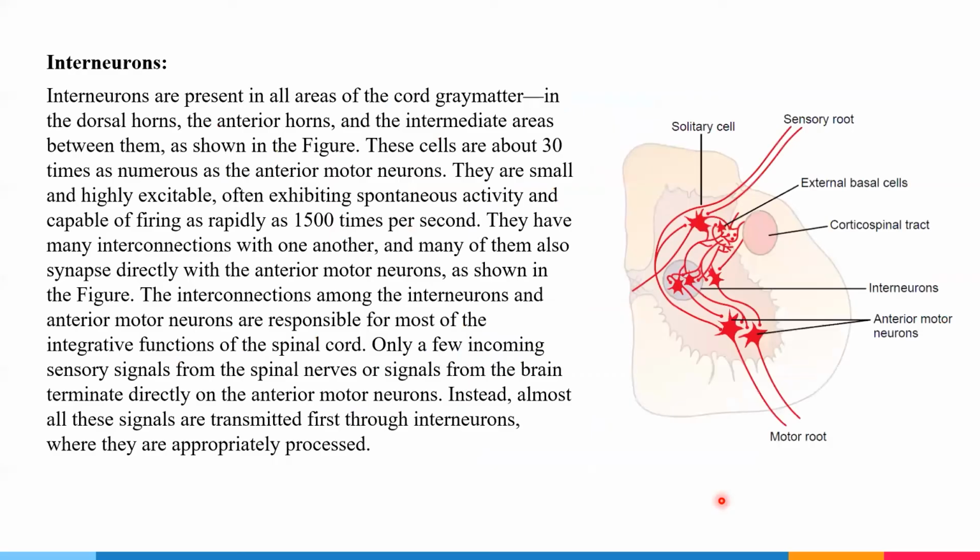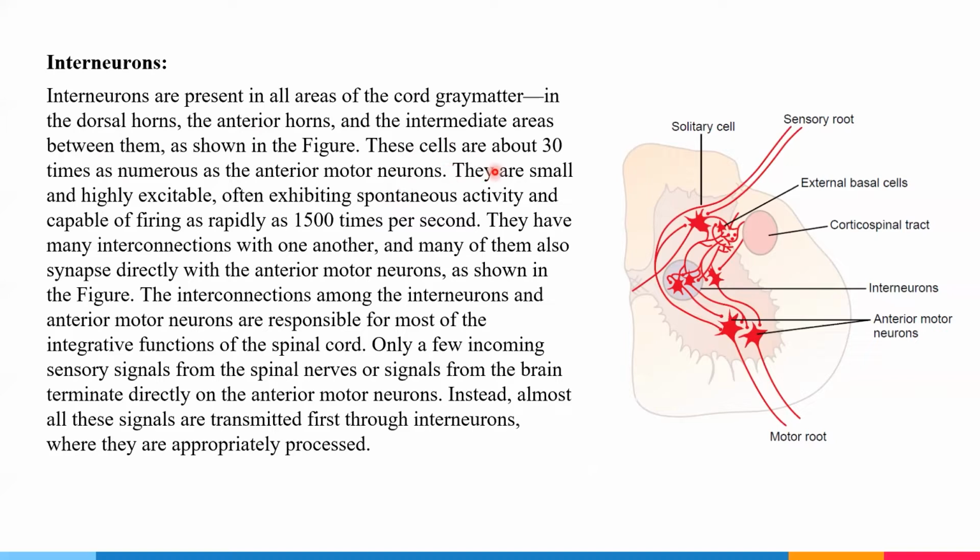Next, after talking about the anterior horn neurons, we'll now talk about the interneurons. Interneurons are present in all areas of the cord gray matter: in the dorsal horns, the anterior horns, and the intermediate areas shown between them. Interneurons are shown right here as given in the schematic.